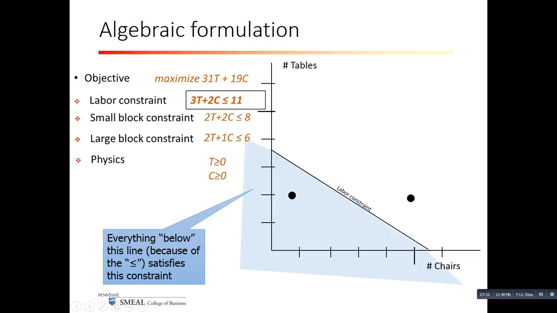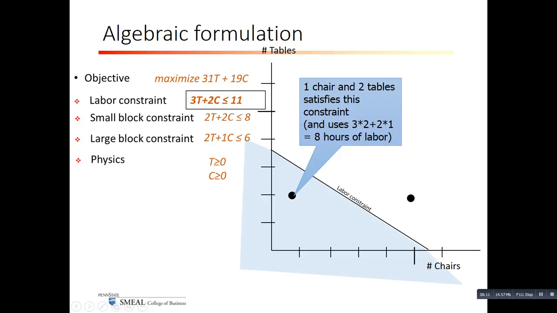Because this is a less-than-or-equal-to constraint, and these coefficients are positive, if t and c reduce, then the left hand side would reduce. Because this line represents the points that make this exactly equal, the points below this line will satisfy this inequality constraint.